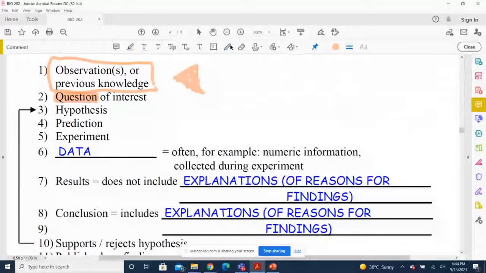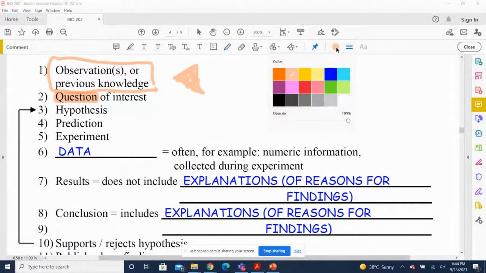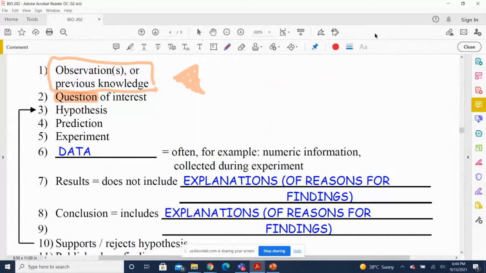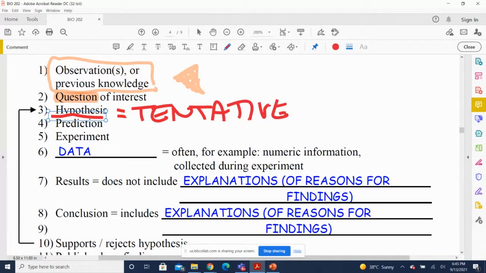Well, once we have our question of interest, we want to speculate. We want to come up with hypotheses of what it is that we're expecting to see. And you remember that a hypothesis could be seen as a tentative explanation or a preliminary idea of what might happen.